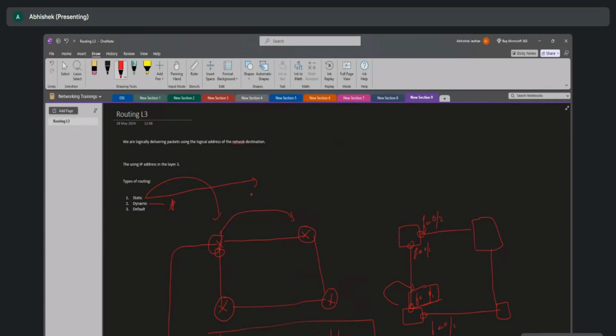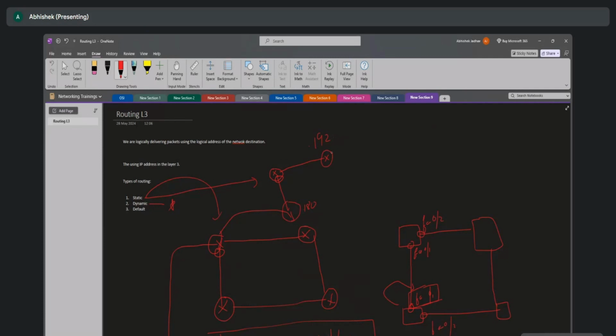Static routing is nothing but a network administrator, or you yourself, configuring the router and telling the router that the next hop for you should be so and so, that the next hop for you should be 192.168.0.192, right? And for this interface, your next hop should be dot 180.